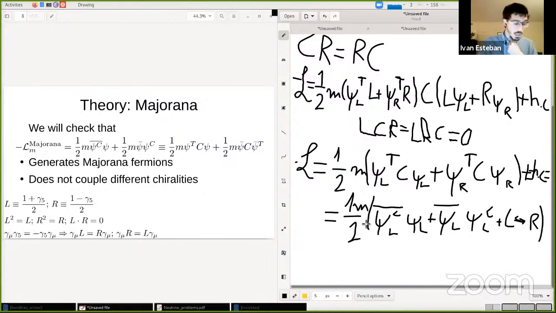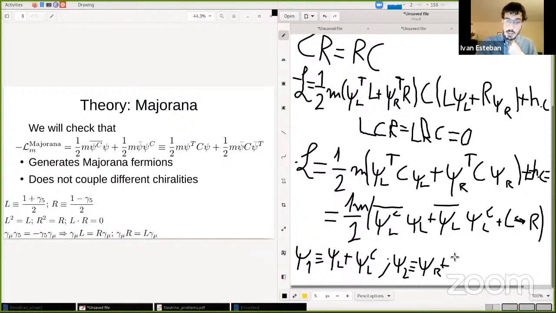Now, the key point here is that I can define two new fields, psi1 as psi left plus its charge conjugate. So this is the definition. And I can define a second field, psi2, as psi right plus its charge conjugate.